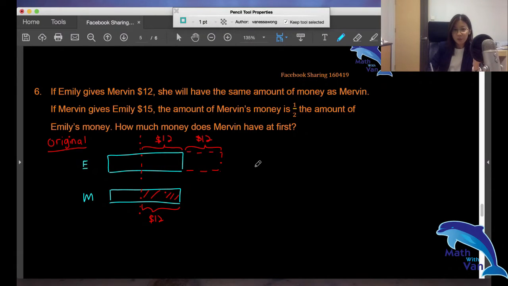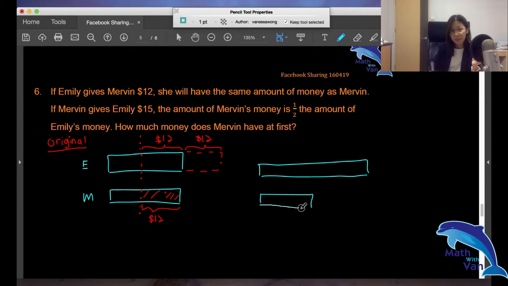So originally, we can find out easily from reversing the change that the difference between Emily and Mervyn is $24. Agree? Right, so this is what they had originally. So going on, I'm going to add on scenario 2.